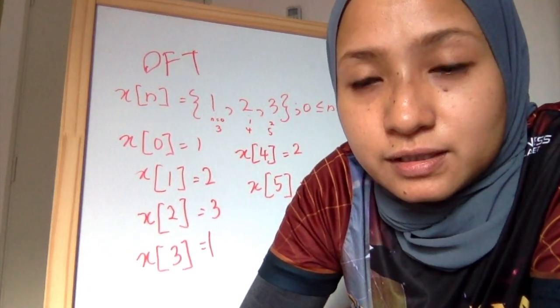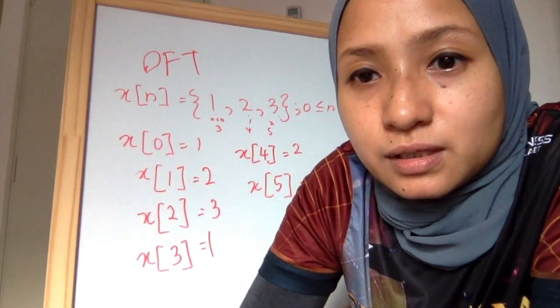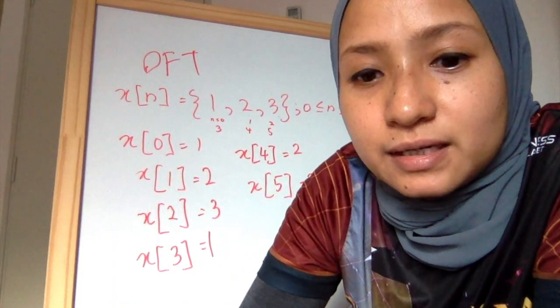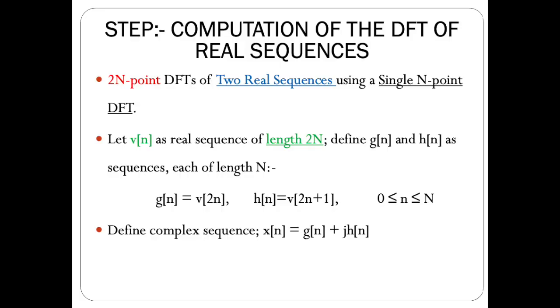In previous notes, in slide number 18, it is N-point. So basically, for N-point, you have two real sequences. But in slide number 21, this 2N-point means you have one long sequence.